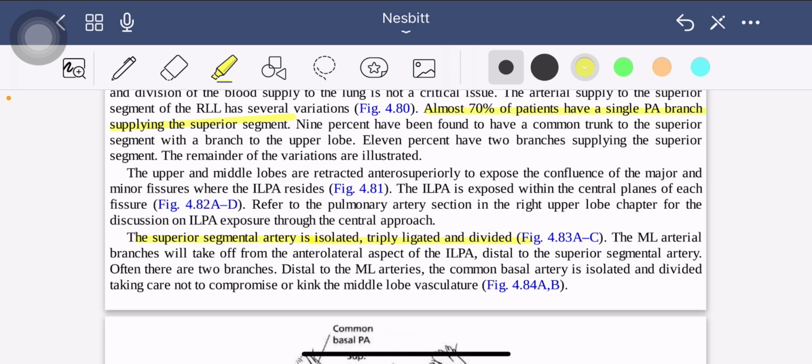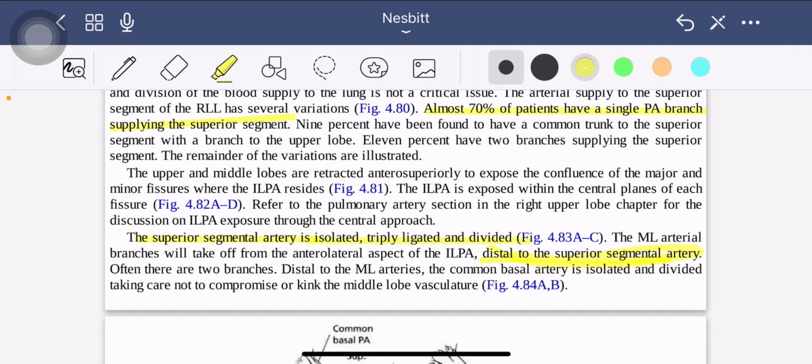The superior segmental artery is isolated, triply ligated and divided. So first we will isolate the superior segment pulmonary artery, triply ligate and divide it, or we can use the Echelon stapler.